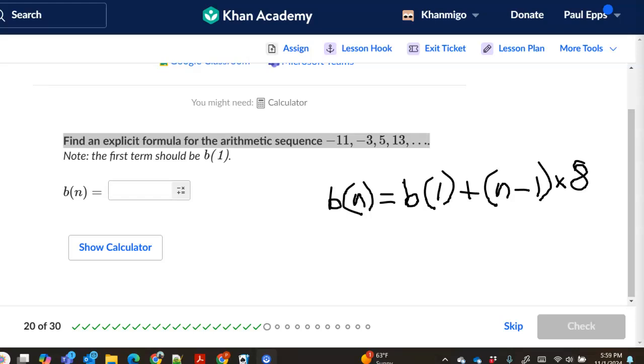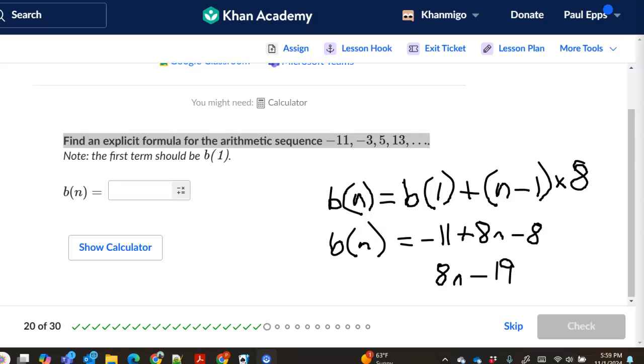All right, so then we have b of n equals b of 1. First term is b of 1, so that equals negative 11 plus 8n minus 8 equals 8n minus 19.